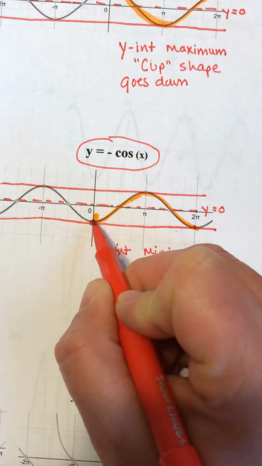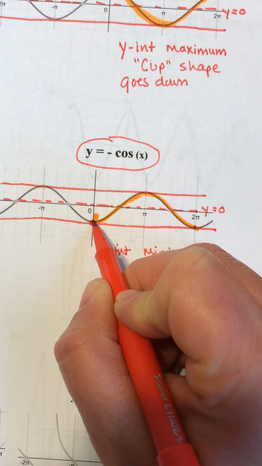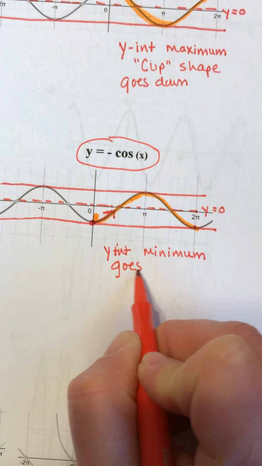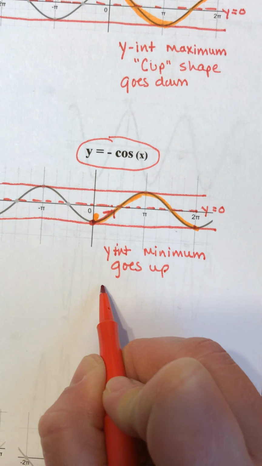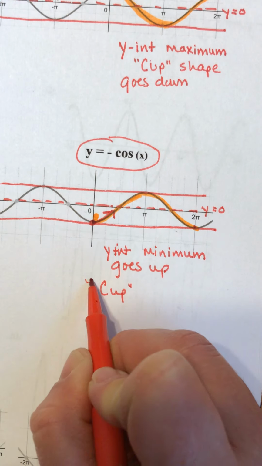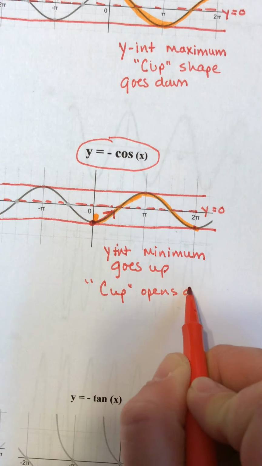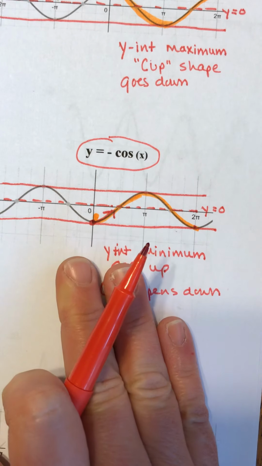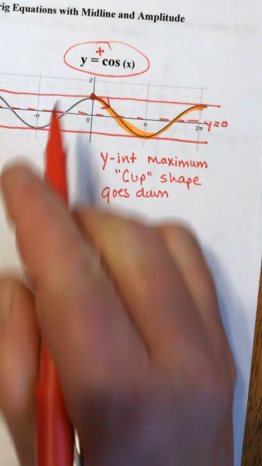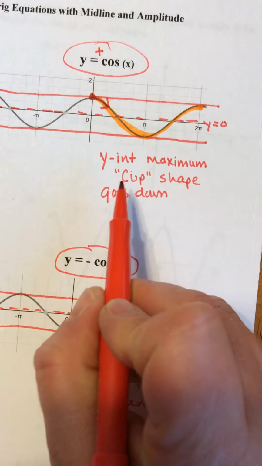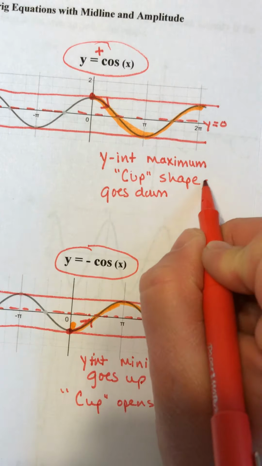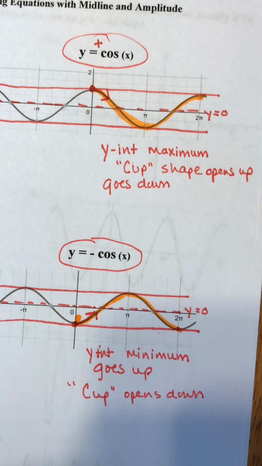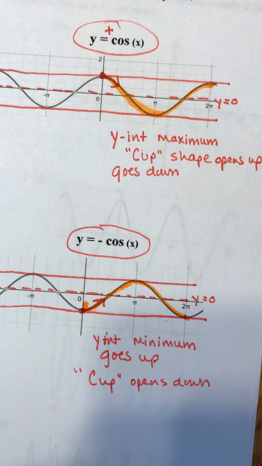From this minimum, it's going up, and it has a cup shape that opens down. So this is the graph of negative cosine x. It opens down, and this is the graph of the positive cosine, and this opens up. So that's the graph of positive and negative cosine, the basic graphs.